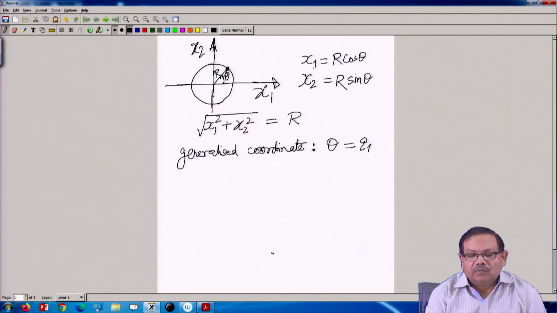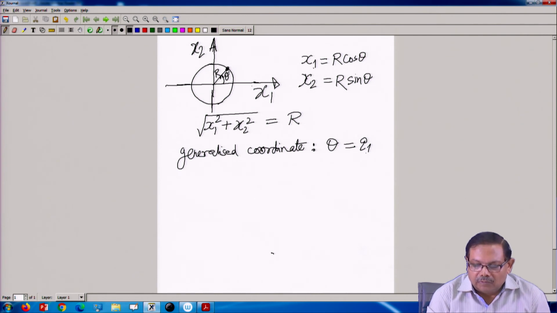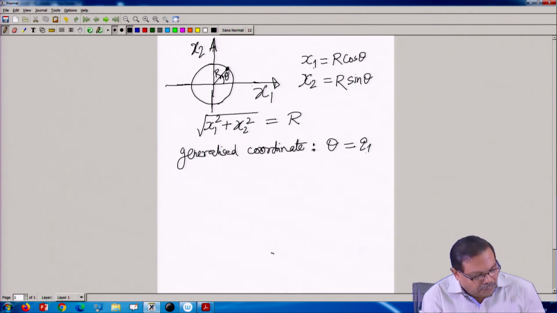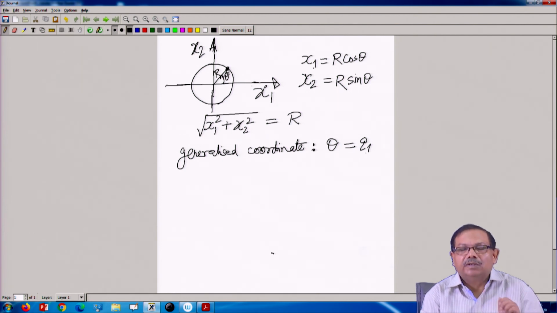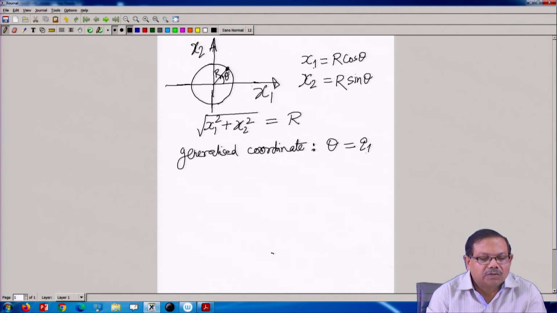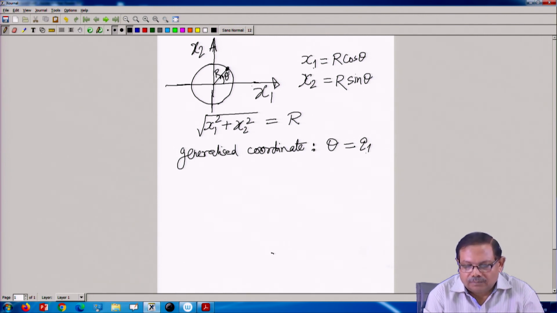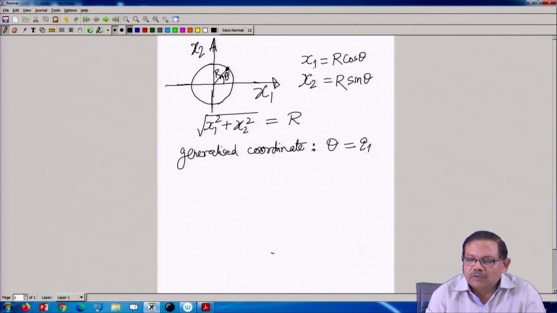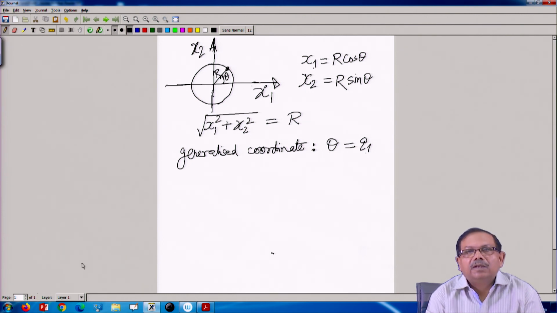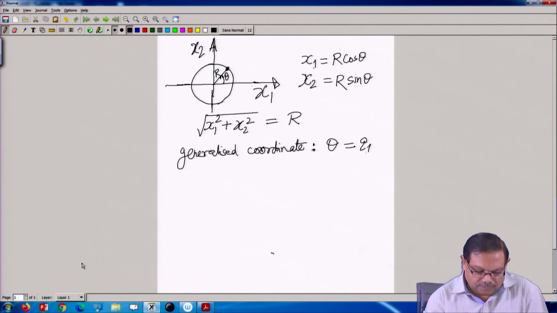Whether we have a holonomic one or non-holonomic one, suppose we require to transform from one coordinate system to the other coordinate system. So, what should we do? Suppose I solve the problem in generalized coordinates and I want to transform my results in the Cartesian coordinates.